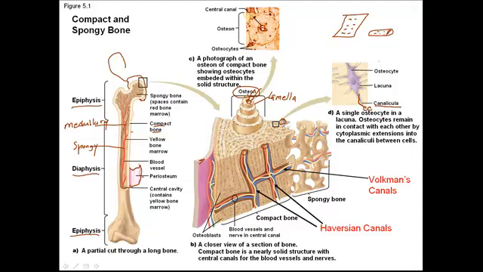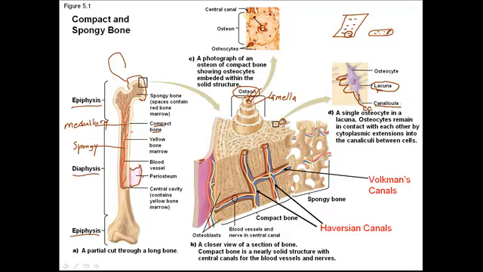Now, each of these osteoblasts has a surrounding covering, we'll say, and that's called a lacuna. So the osteoblast grows into an osteocyte, is surrounded by a lacuna, and it has these extensions called canaliculi.